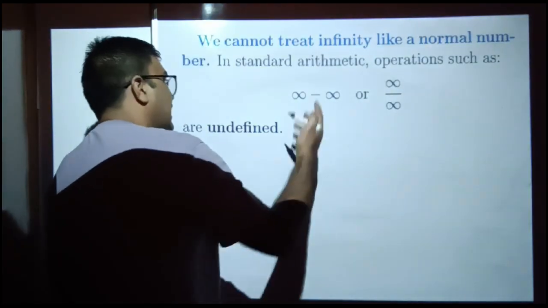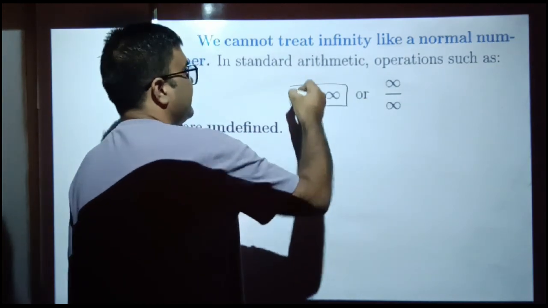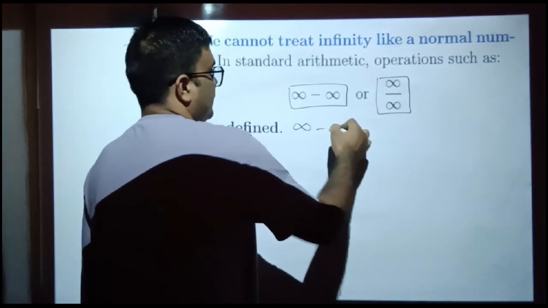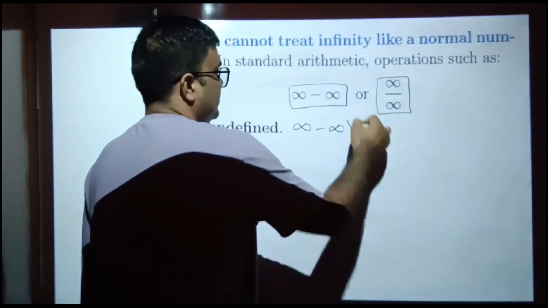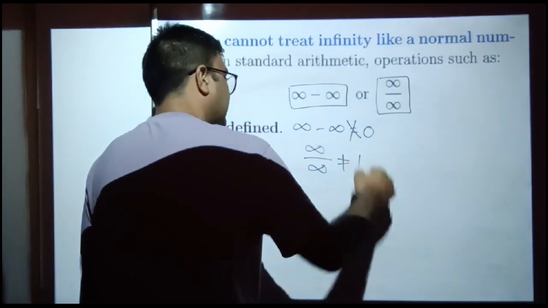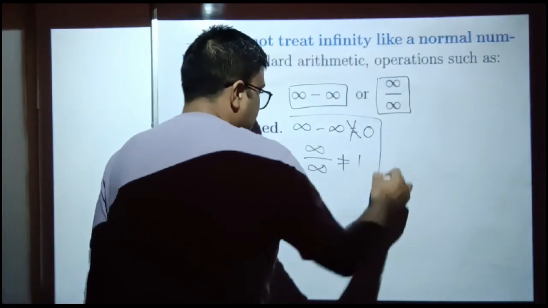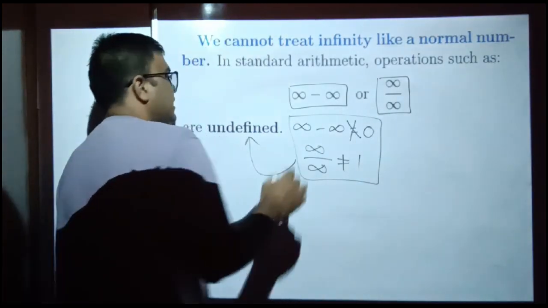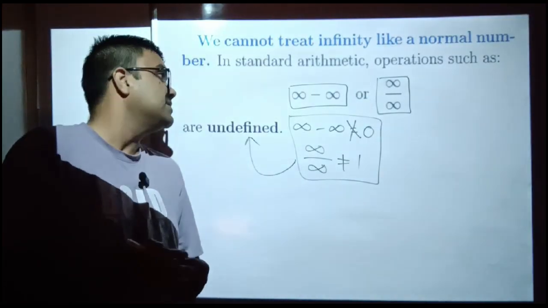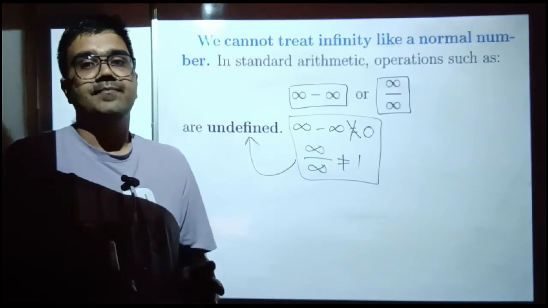So if at any place you come across anything like infinity minus infinity or infinity over infinity, we are not going to write that this is 0. We are not going to write that this is 1, because these are undefined operations. There is no definition of these operations within the limits of the real numbers.